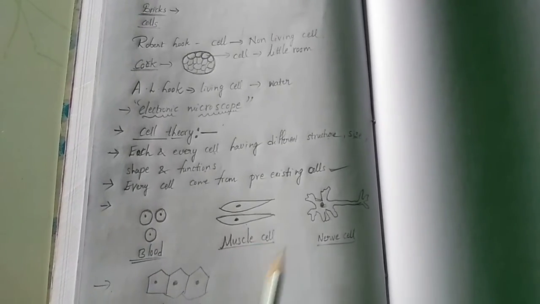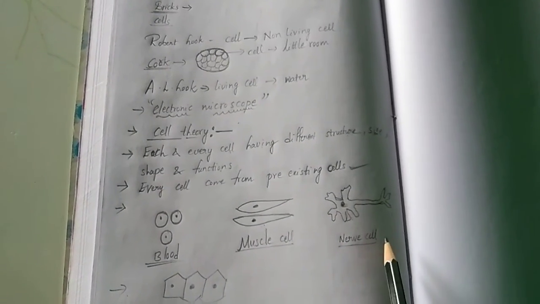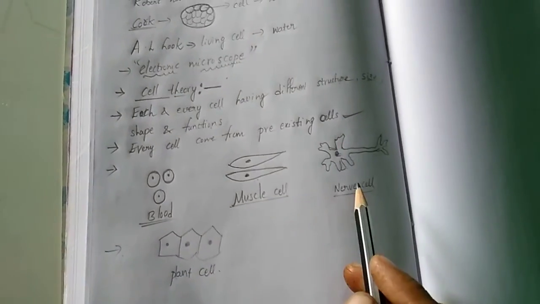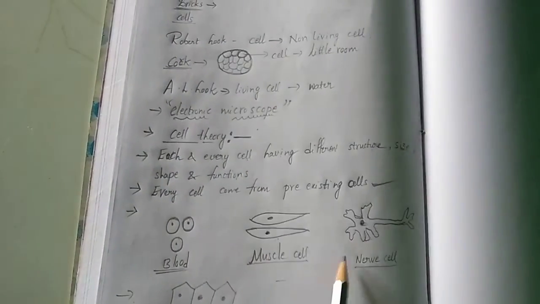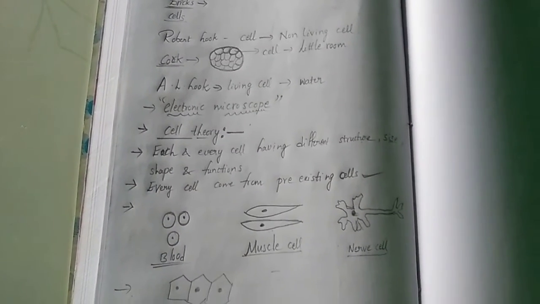Based on the shape, size and the living organism they are present in, they will participate in different types of functions. So we have to understand this by the first main point in the cell theory.